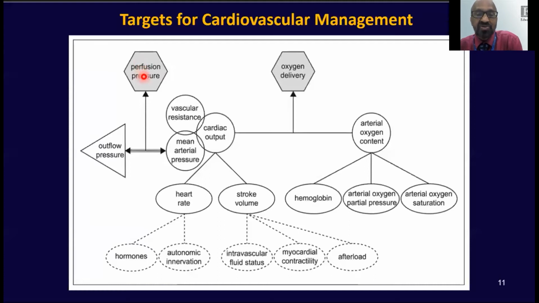The perfusion pressure depends upon the difference between the mean arterial pressure and the outflow pressure. The mean arterial pressure in turn depends upon the vascular resistance and the cardiac output, which in turn depends upon the heart rate and the stroke volume. The oxygen delivery depends upon the cardiac output and the amount of oxygen carried in the blood, that is the arterial oxygen content, which in turn depends upon the hemoglobin, the percentage of oxygen saturation, and the partial pressure of oxygen in the arterial blood.